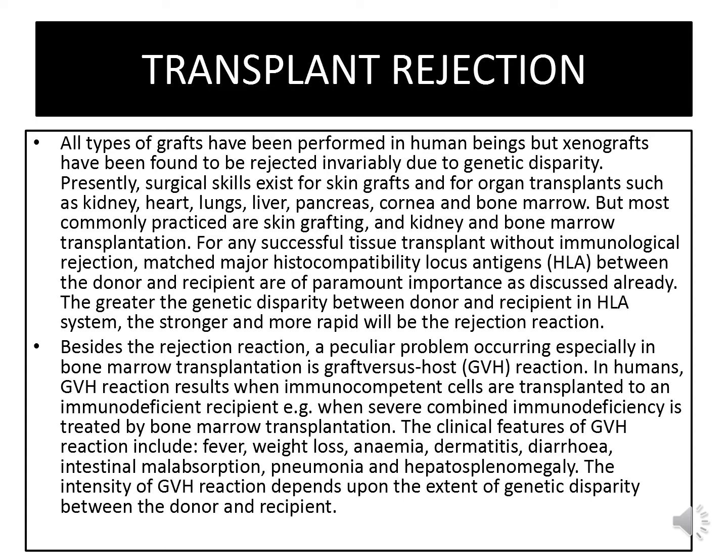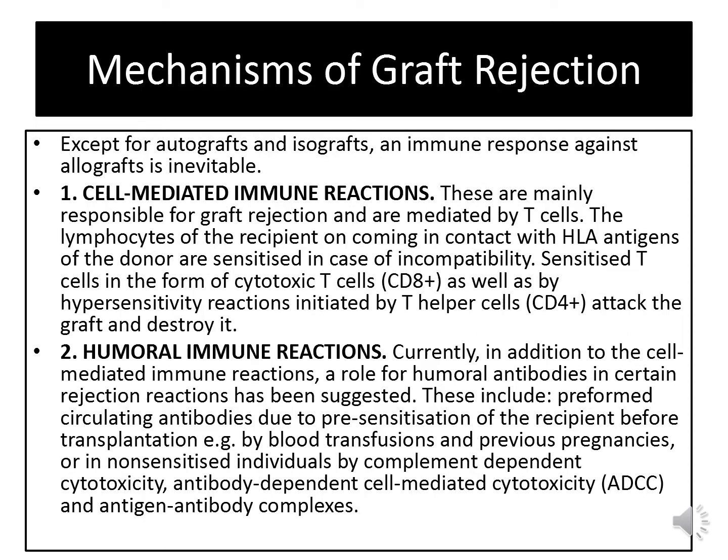The intensity of GVH reaction depends upon the extent of genetic disparity between the donor and recipient. Except for autografts and isografts, the immune response against allografts is inevitable. What are possible reactions in case of graft rejection?